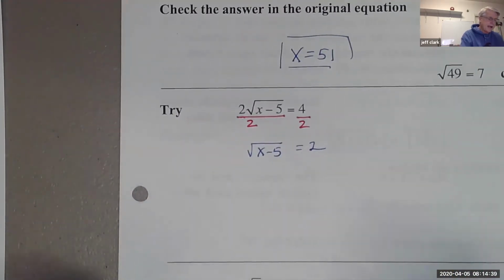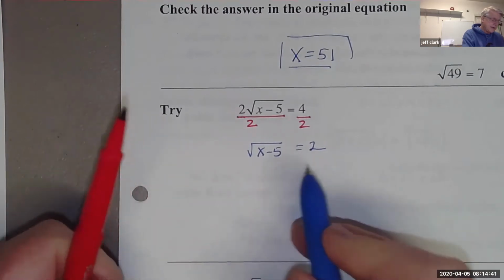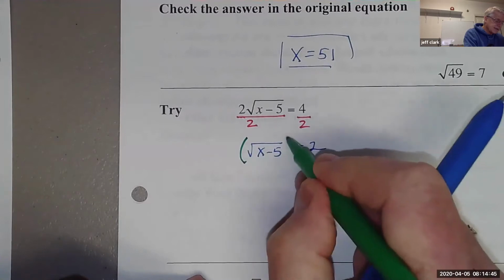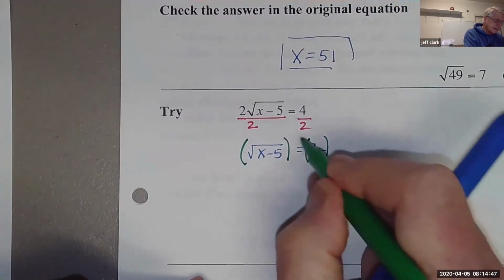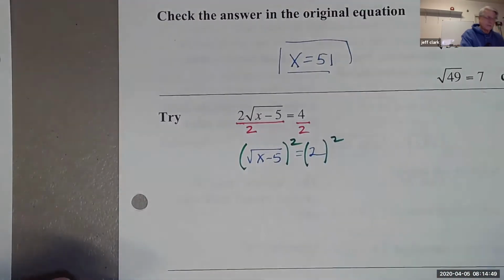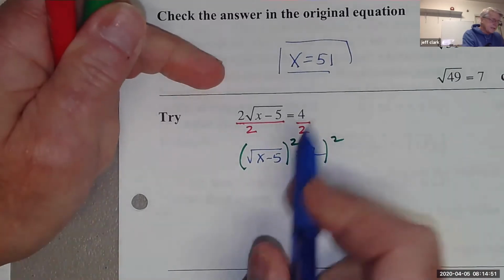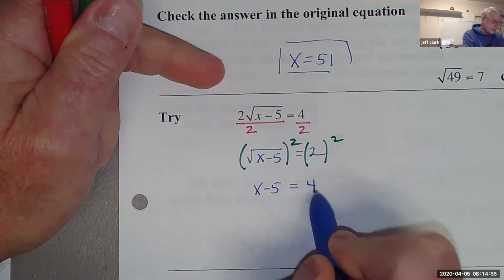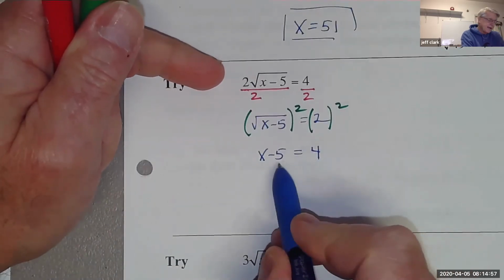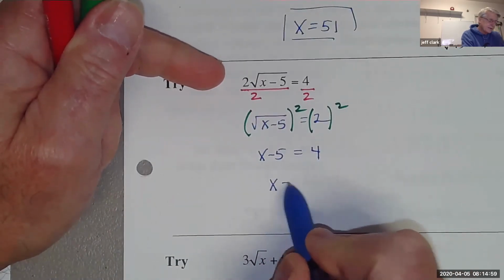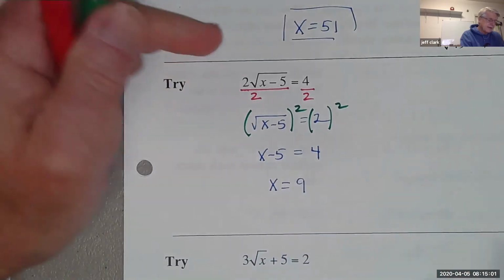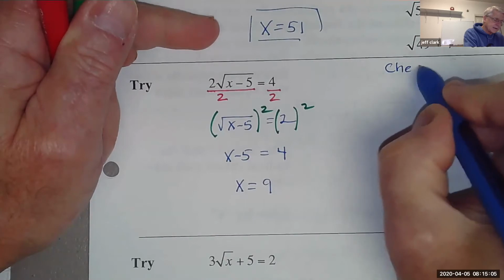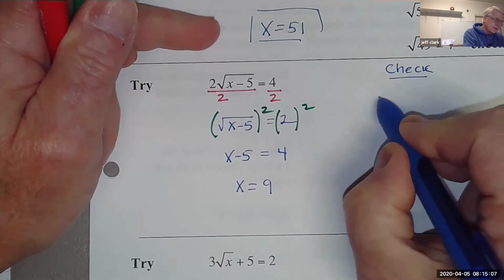Now take both sides, if you can see the green here, and square both sides, leaving me x subtract 5 equals 4. I think you can do this in your head: add 5 to both sides. You have potentially 9 as the right answer. So here I'm going to do a check. Here's the original.